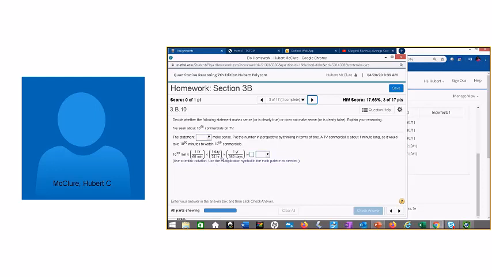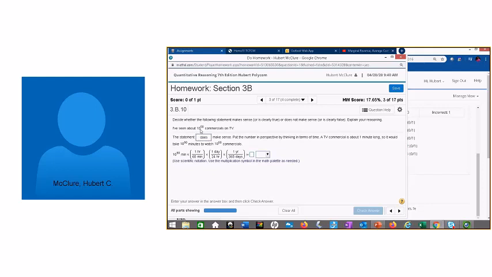All right. Anyway, they're doing unit conversions, and that's good. I like that question. Decide whether the statement makes sense. They want you to multiply it through.